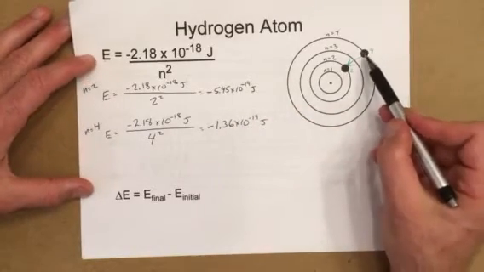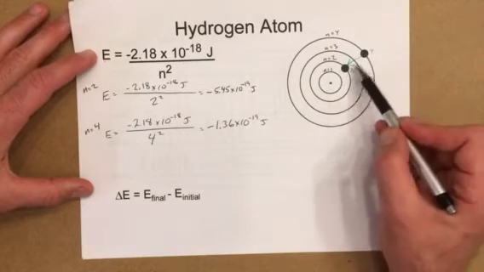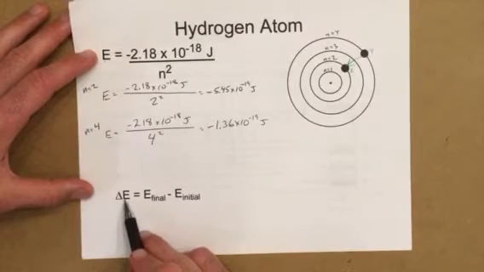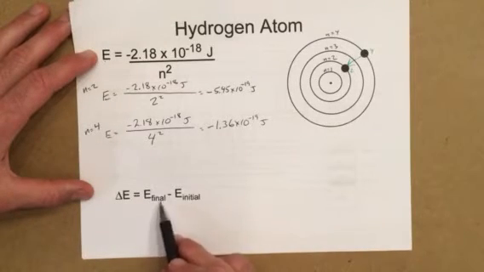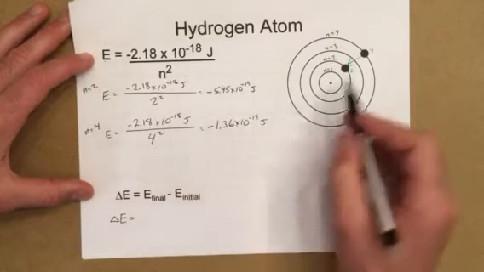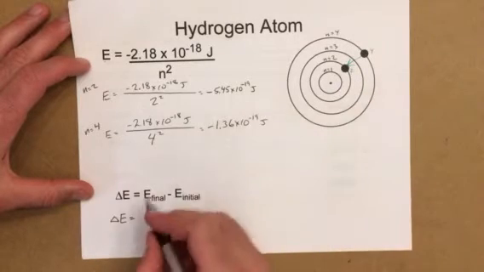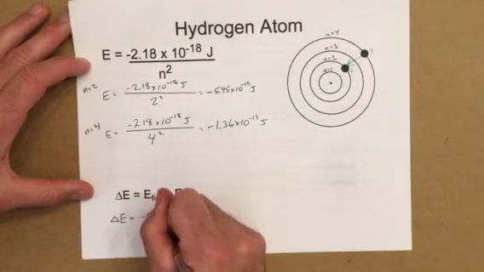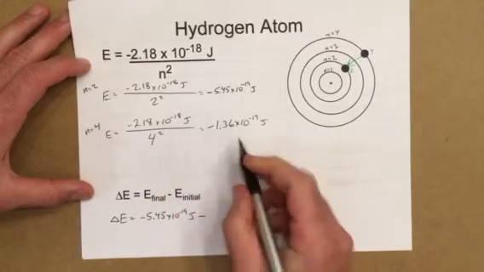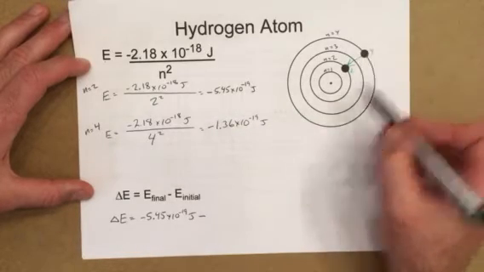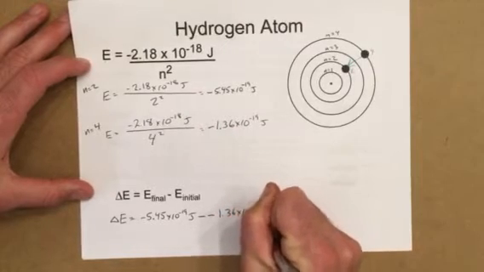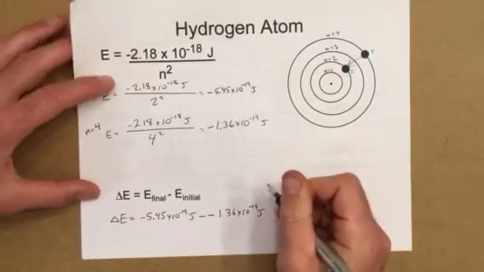All right, and so now we want to figure out how much energy is released or absorbed when it moves from the fourth to the second. So we'll use this equation, delta E, the change in energy, is equal to the final energy minus the initial energy. So delta E is equal to, well, it's going to end up here at the second energy level where it has negative 5.45 times 10 to the negative 19 joules minus the initial state, which was out here at the fourth energy level, where it had negative 1.36 times 10 to the negative 19 joules.